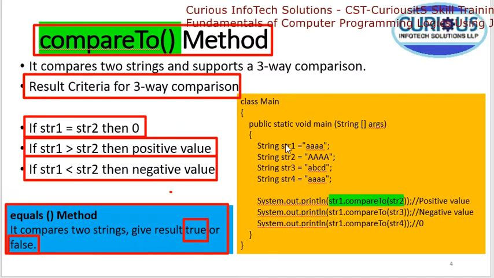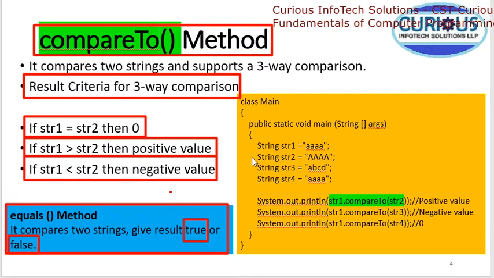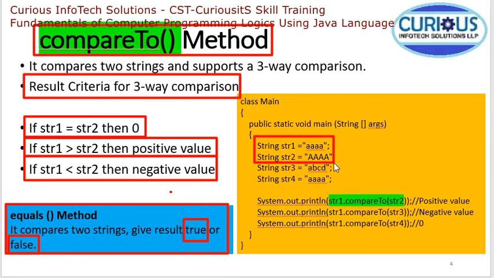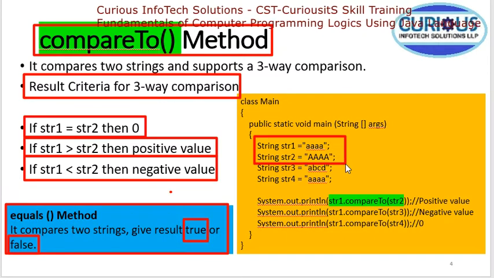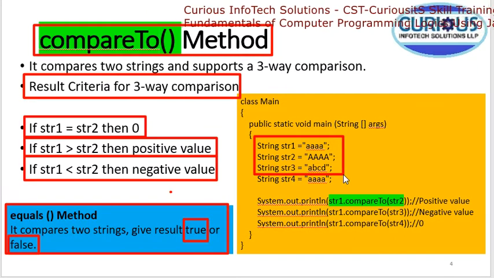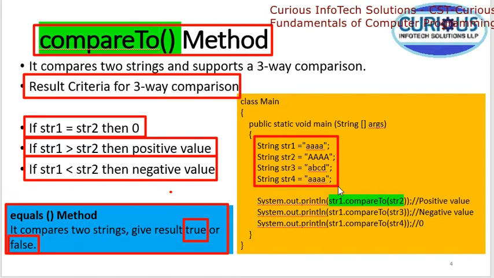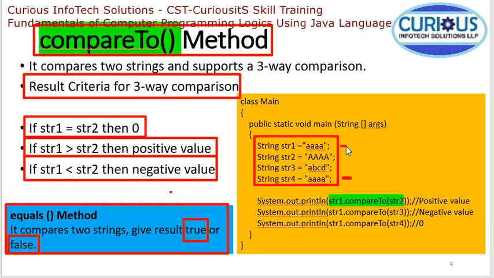Now we will see one example based on compareTo. Assume string 1 is a small a, string 2 is a capital A, string 3 is the alphabets ABCD, and the fourth string is exactly the same as string 1.